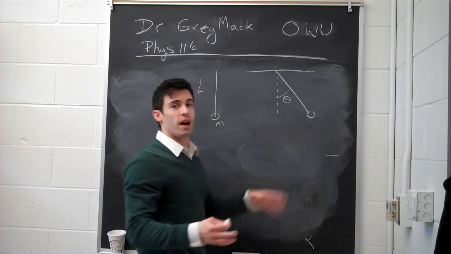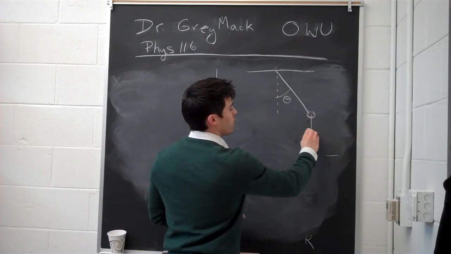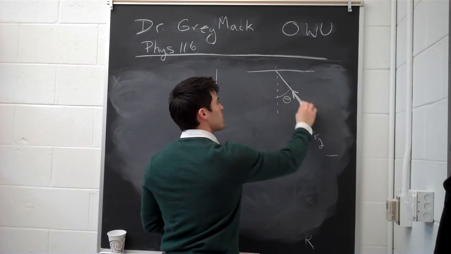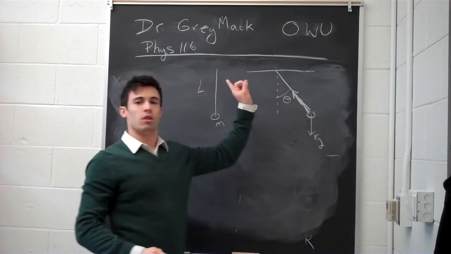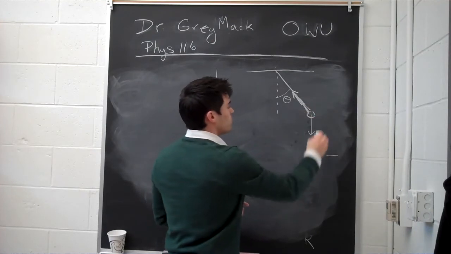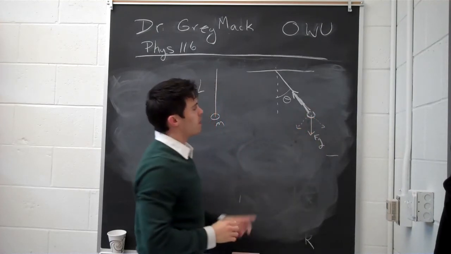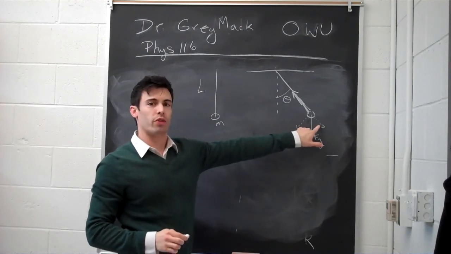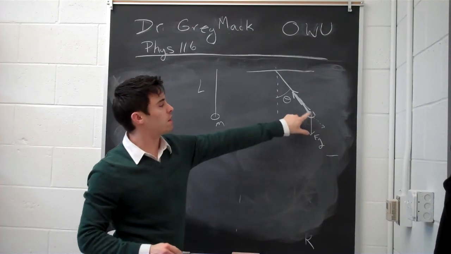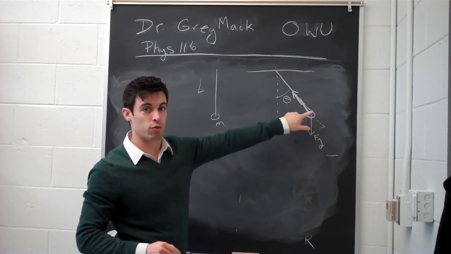If we draw a free body diagram for this object right here, we know that there's the gravitational force going down, and there's the tension force that's directed along this way. Breaking this up into components, we realize that the tension and this component of the gravity are balancing each other out. The restoring force is this other component of the gravitational force.